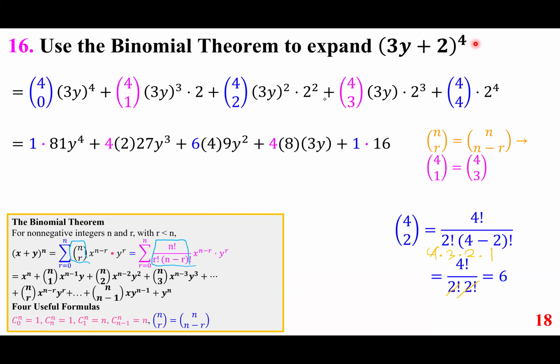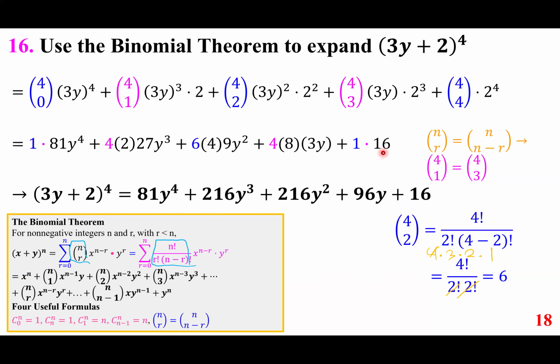So 3y plus 2 to the power of 4 is this: 81y to the power of 4, this: 4 times 2, 8, times 27, 216y cubed, plus 6 times 4, 24, times 9, again 216, y squared, and 4 times 8 times 3, that's 96, y, and this is 16, and that's your final answer. So I don't think it's going to be difficult to expand. I hope it's not.